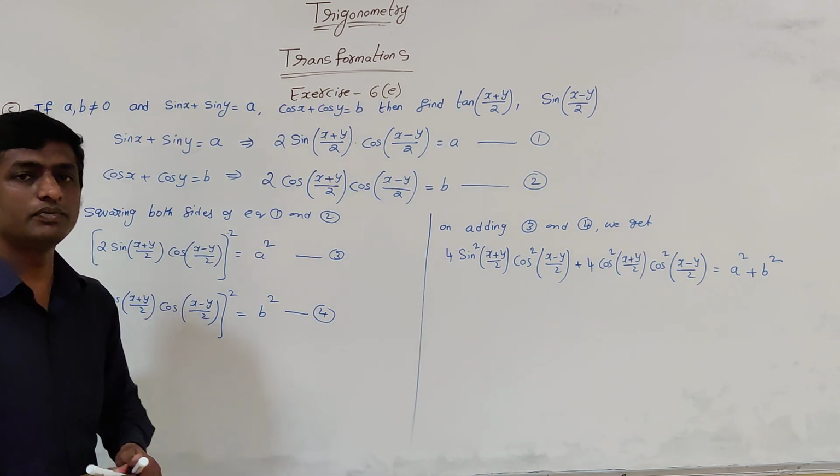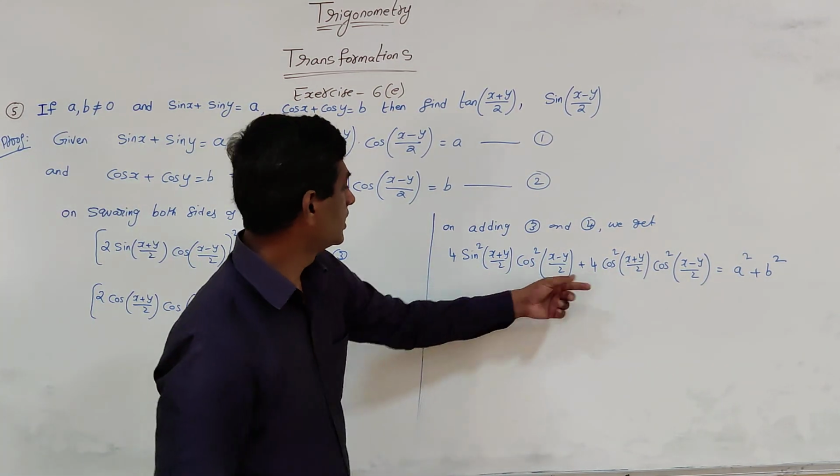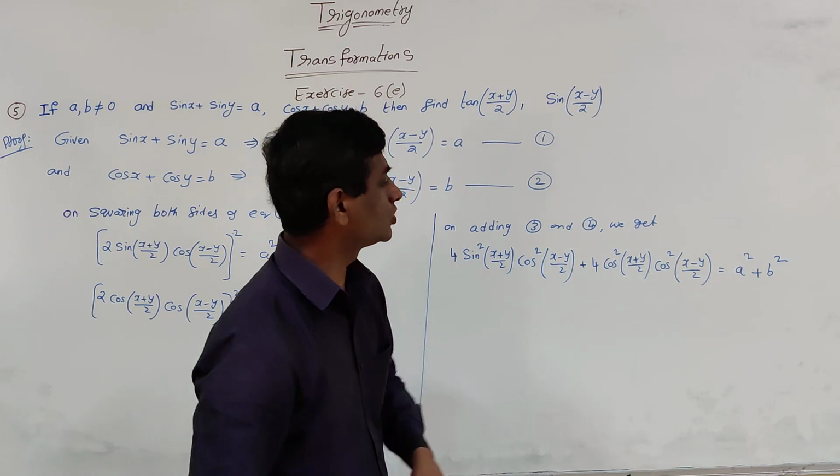So this is the term we will be getting. 4 is common and cos square of (x minus y) by 2 is also common.